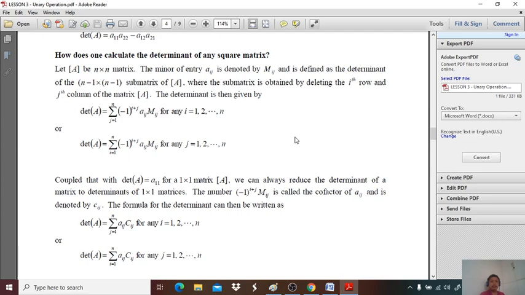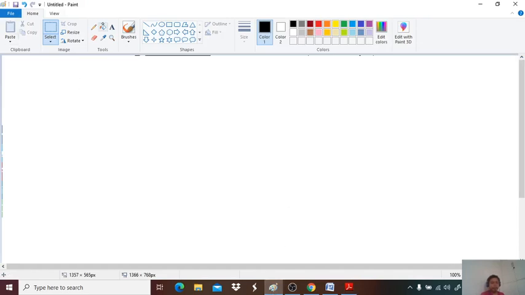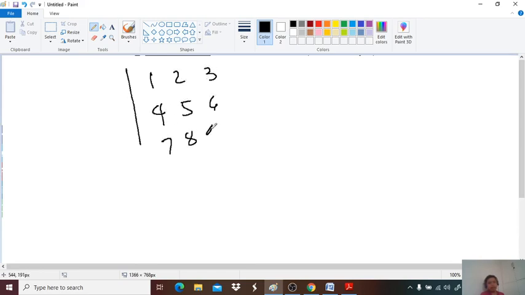The minor of the entry Aij is denoted by Mij, which is defined as the determinant of the n minus 1 by n minus 1 submatrix obtained by deleting the i-th row and the j-th column of the matrix. So let's say an example. We have a 3 by 3 matrix: 1, 2, 3, 4, 5, 6, 7, 8, 9.